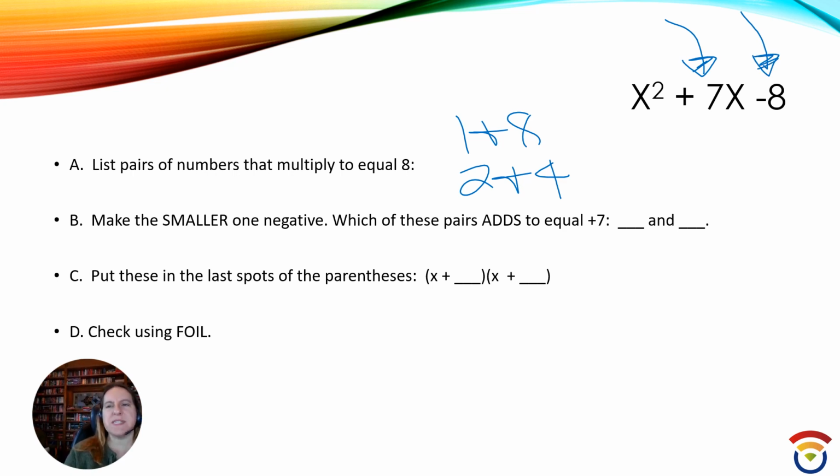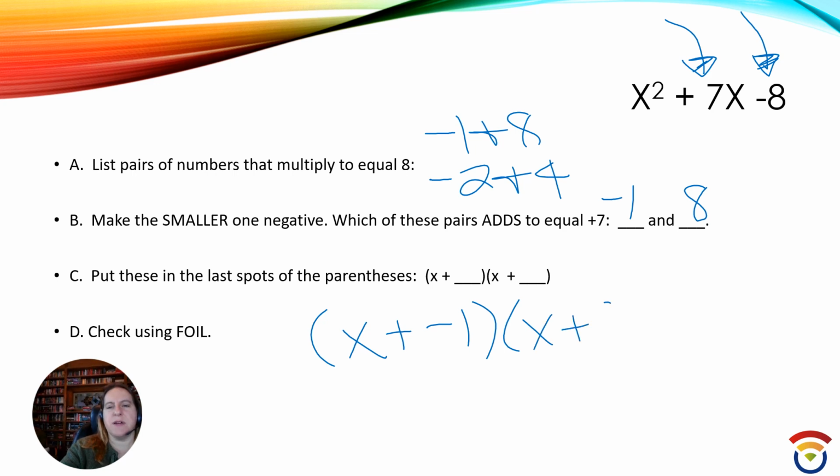So one of those is going to have to be negative, and the smaller one should be negative since I need a positive in the middle. So I'm going to make the smaller one negative, and I'm looking for which pair will add to equal 7. Well, negative 1 plus 8 gives me 7. So my factored form is x plus negative 1 times x plus 8.